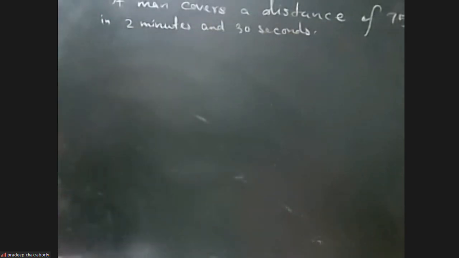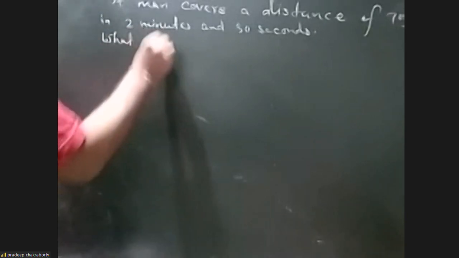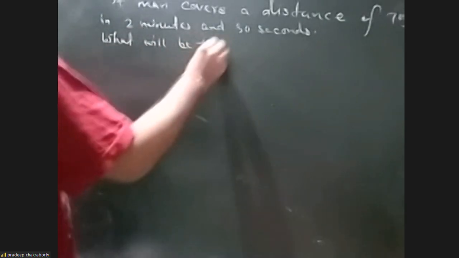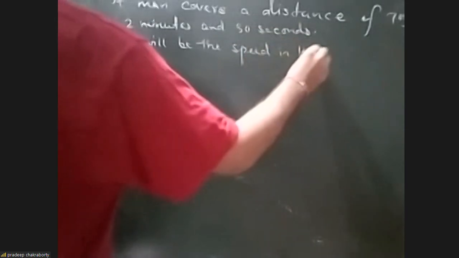A man covers a distance of 750 meters in 2 minutes and 30 seconds. What will be the speed in kilometer per hour? Very simple question. Speed of the man.